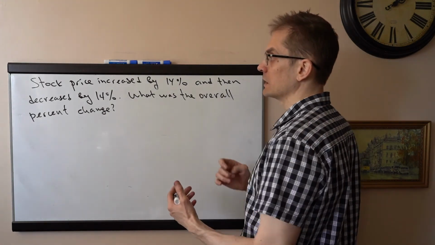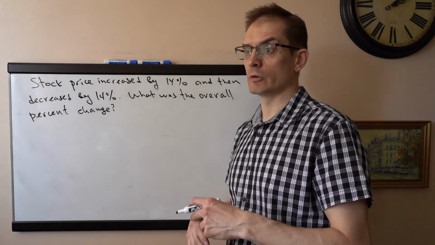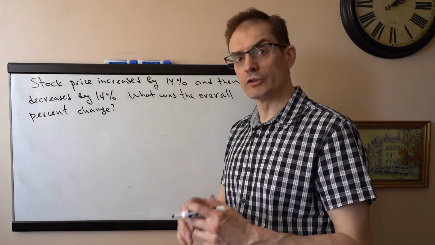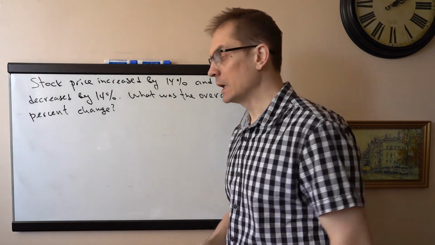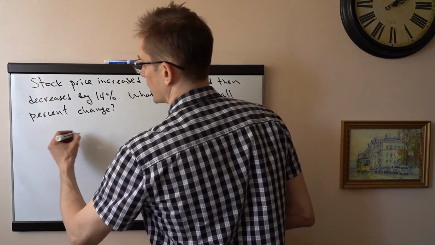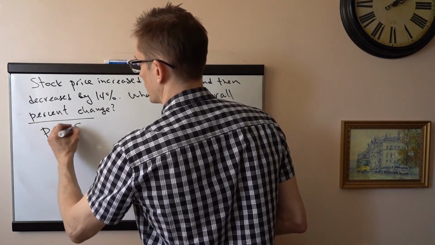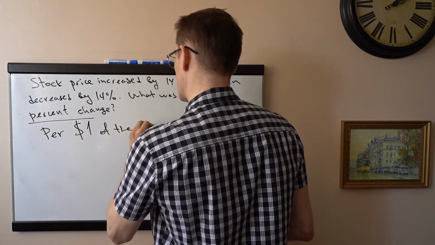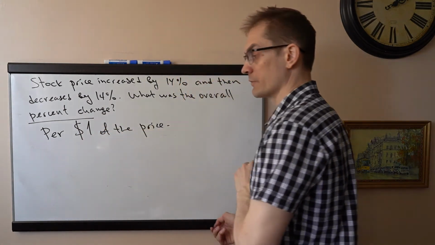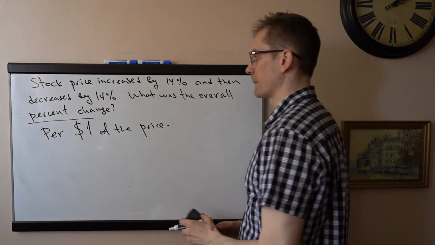When you're not given some initial amount to work with, you can basically always operate with $1 of that amount, because any amount is made of dollars, right? And you can say per $1 of price, right? So let's see what happens per $1 of the price of the stock.